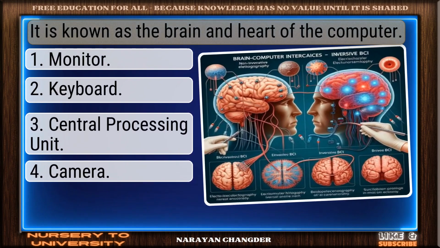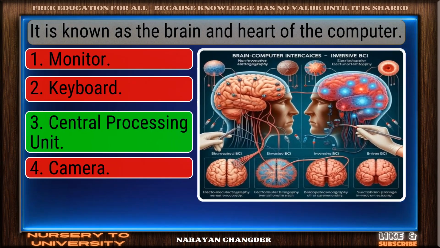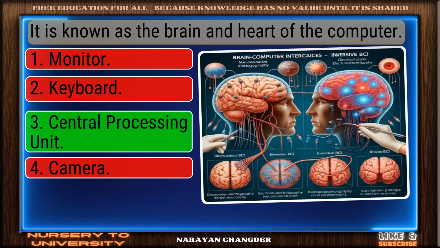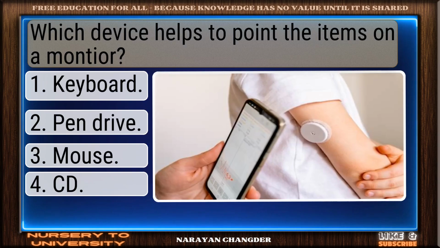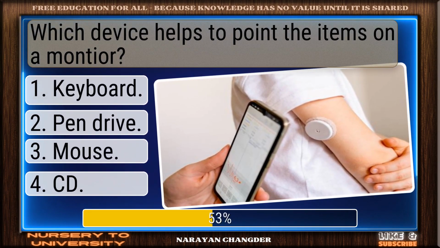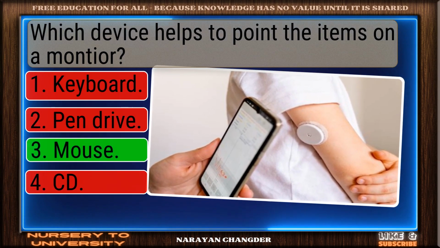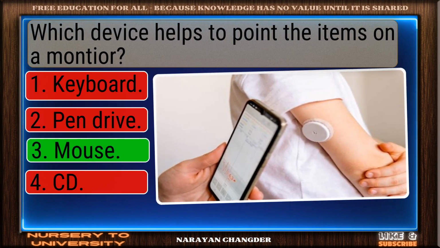It is known as the brain and heart of the computer. Great job. Central processing unit is the accurate answer. Which device helps to point the items on a monitor? Correct response. Mouse is the most accurate answer.